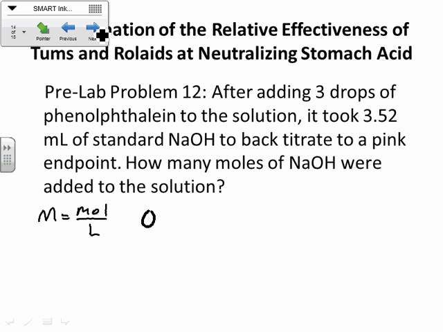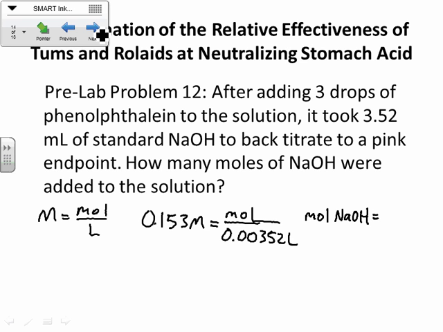All right, so we know that this is 0.153 molar, and that's equal to moles. We're trying to figure out the number of moles divided by the liters. Okay, so we have to change the milliliters to liters here. 0.00352 liters. That's going to give us the moles of NaOH that we had to add, 5.39 times 10 to the negative fourth moles.